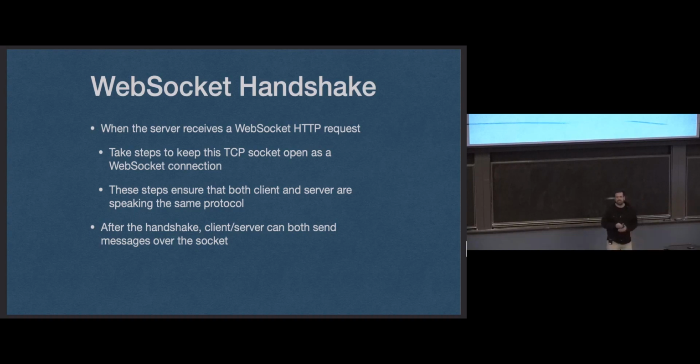With the TCP connection, when we want to establish a TCP connection, we go through that three-way handshake. And the purpose of that handshake was to have confidence that each side speaks TCP and speaks it properly, is able to decode the messages it receives, and then send messages in the proper format. Same thing with WebSockets.